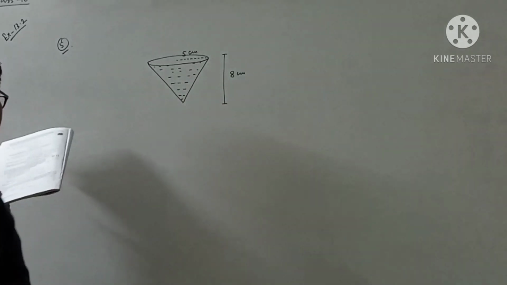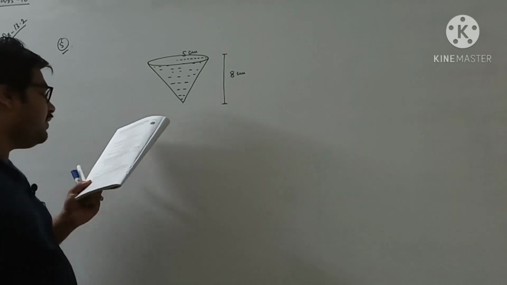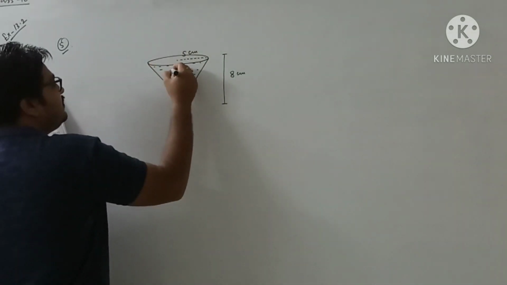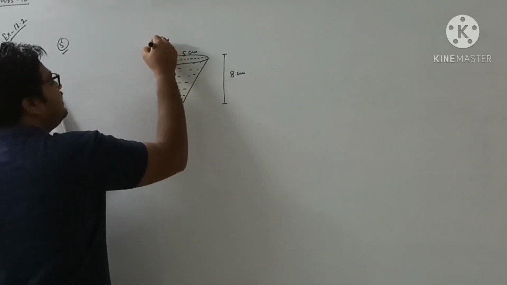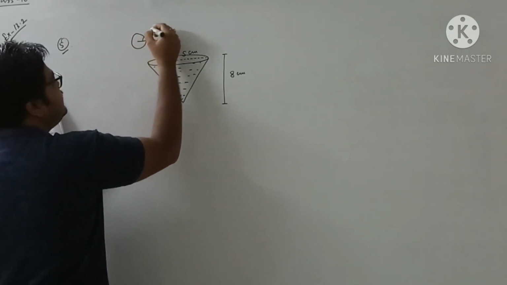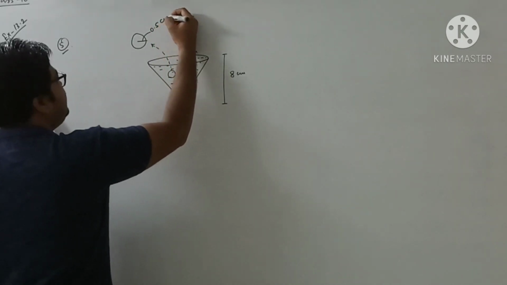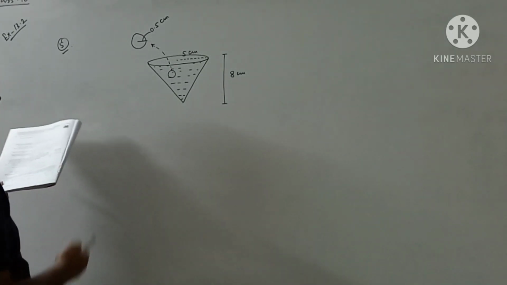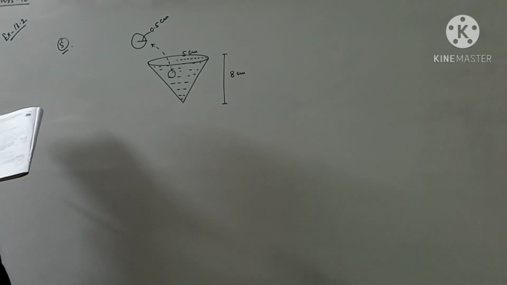When lead shots, each of which is a sphere of radius 0.5 cm, are dropped into the vessel, 1/4 of the water flows out.